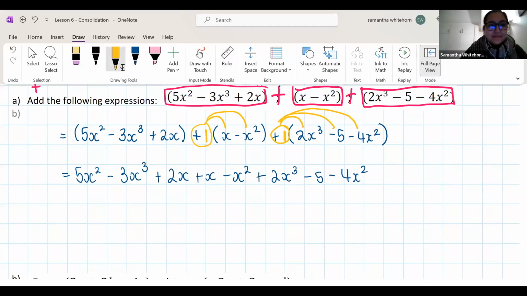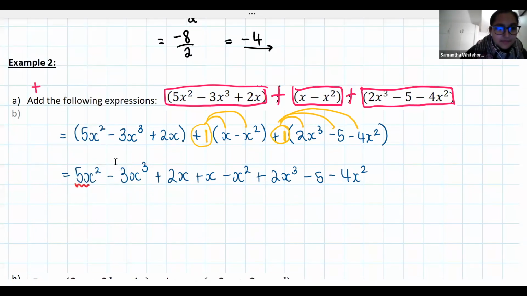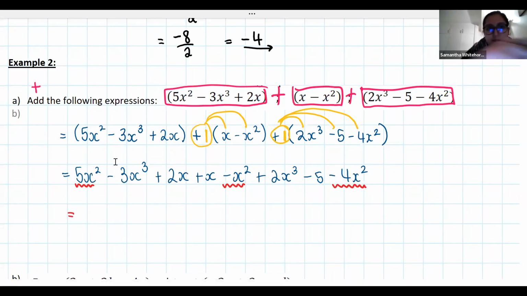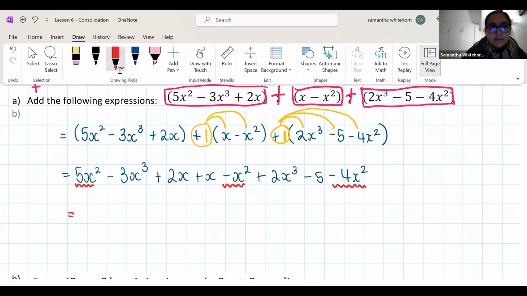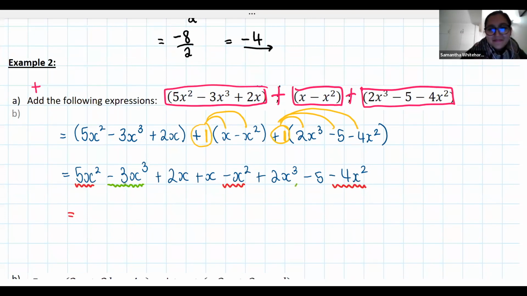Ma'am, so when you simplify it with the like terms, it ends up being 5x squared minus x squared minus 4x squared. And usually what I do is I put them in different lines, each different thing, instead of saying plus. And then at the end, I just plus them together. So in the second line, I had negative 3x cubed plus 2x cubed. And then in the last one, it's 2x plus x.